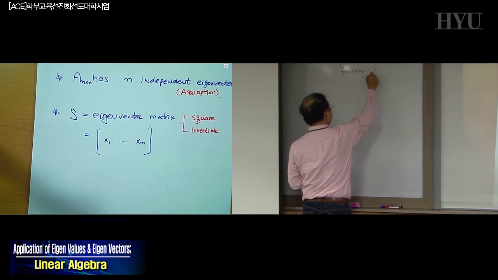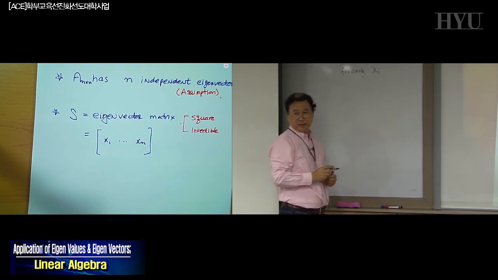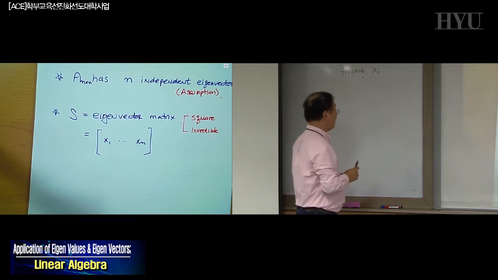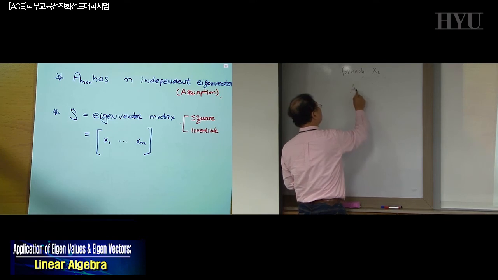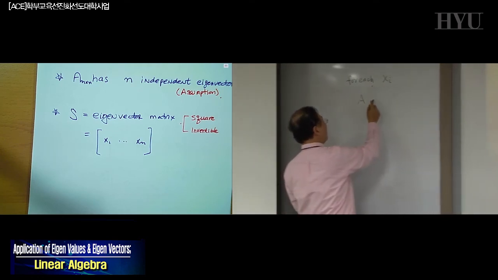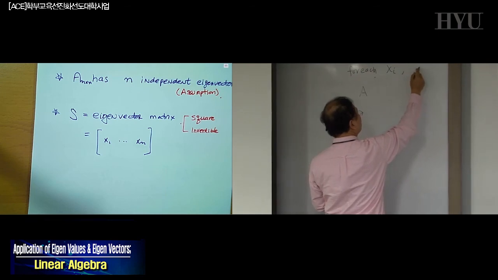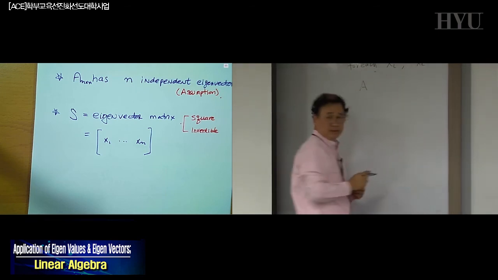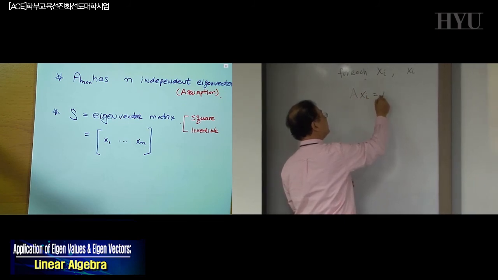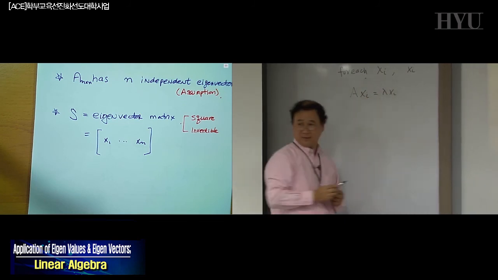For each lambda i, let's say we find an eigenvector, this xi. That means A xi is what? Lambda i xi, right?